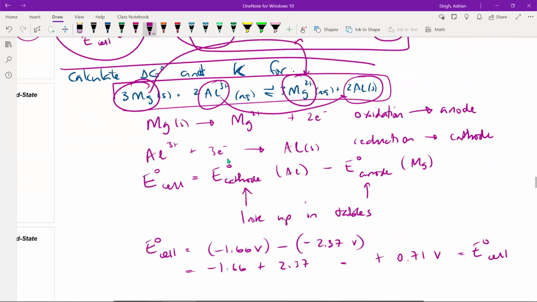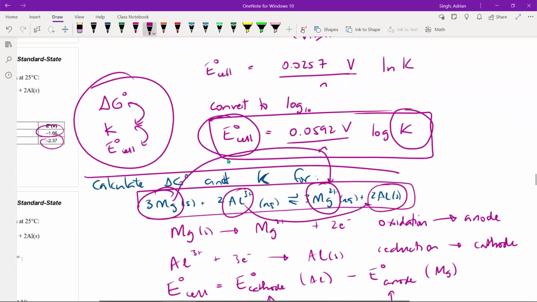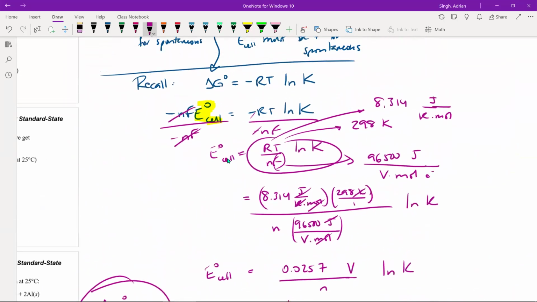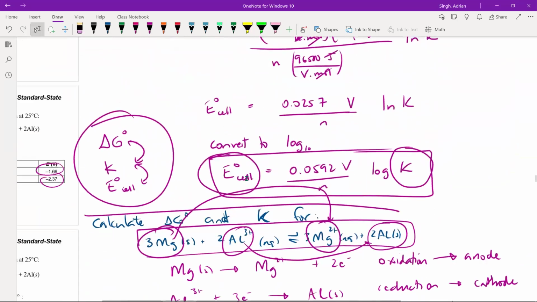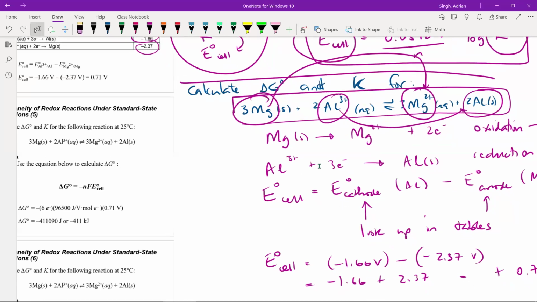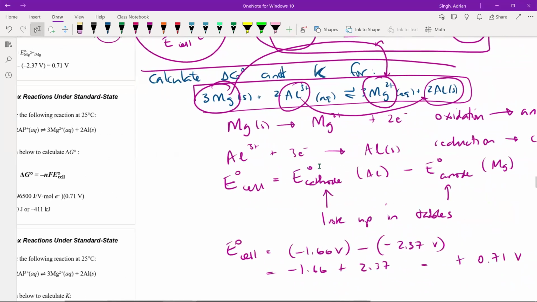So let's take a look now and see how we can calculate the other things, because once we have E of the cell, we can calculate delta G and we can calculate K. According to our equations above, E of the cell is equal to 0.0592 volts over N times the natural log of K. We have delta G is also equal to negative N times F times E of the cell.